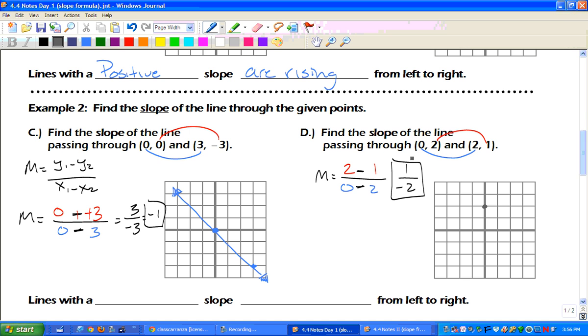So 0, 2 is our first point, and then 2, 1. And there's our line, okay? Now, both of these lines have negative slopes. Okay, so if you have a negative slope, the graph is falling from left to right. Okay?